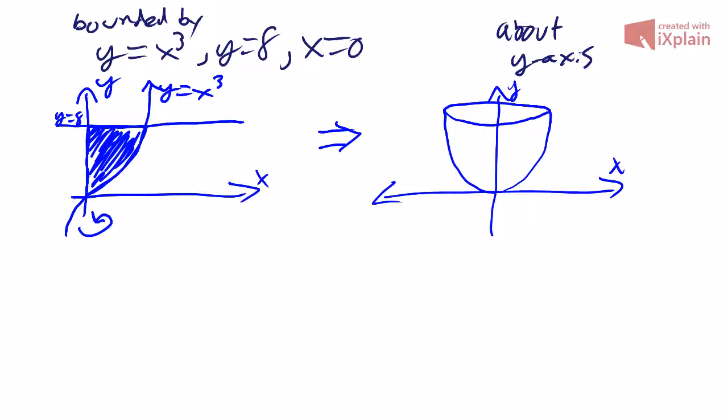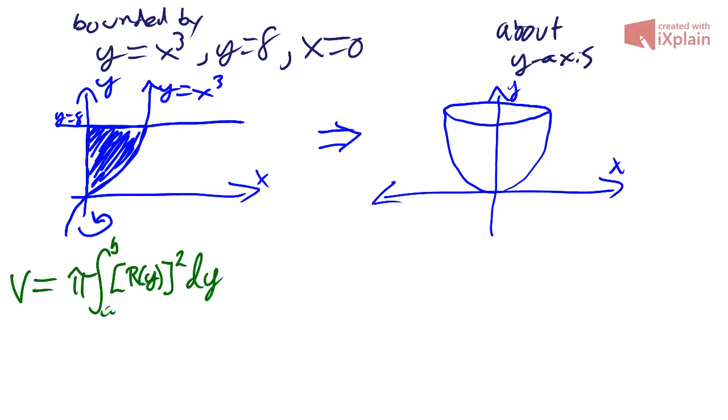Okay, so we're going to use the disk method, and this is for a vertical axis of revolution. So we're going to have the formula V equals pi times the integral from a to b of r of y squared dy. Now something to keep in mind is everything here is in terms of y.